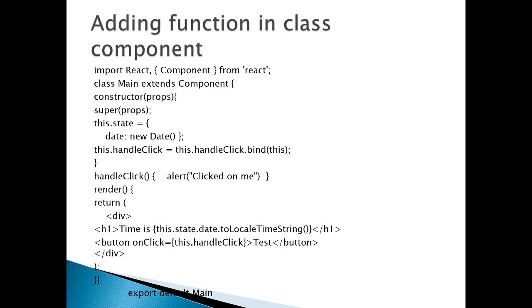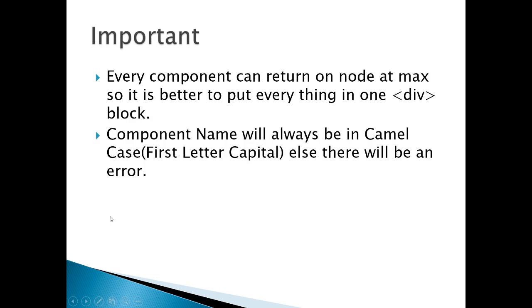You have to encapsulate them by putting another div over those two divs. So a wrapping div should be there to send the view. Every component can return only one node at max. So it is better to put everything in one div block. You can divide the code within that, but over your code you should put a div for the wrapping.